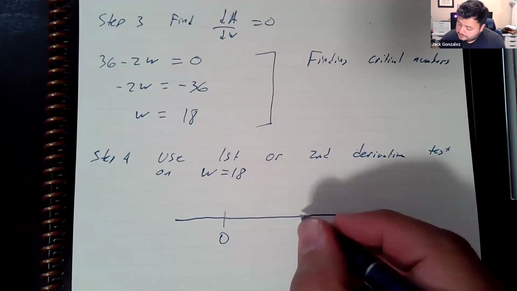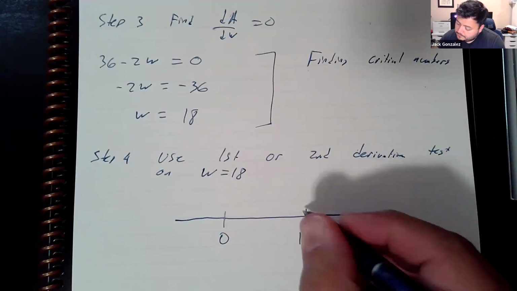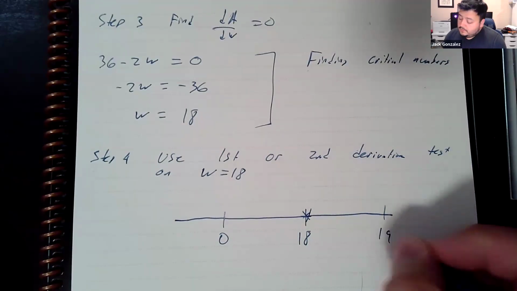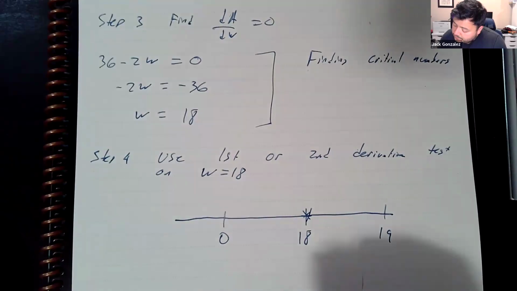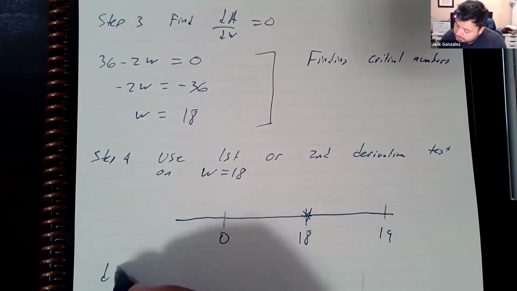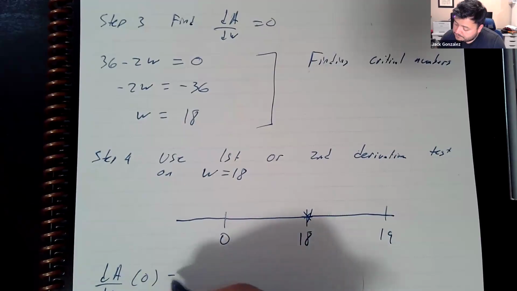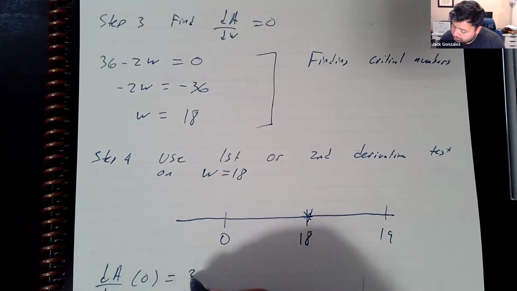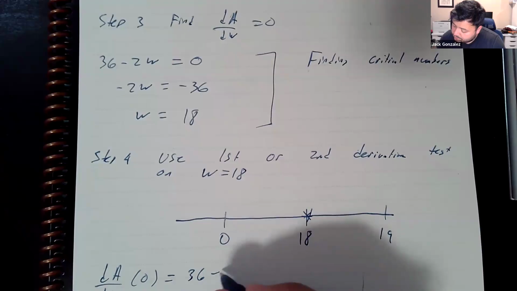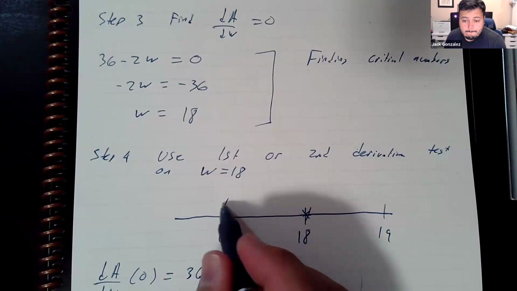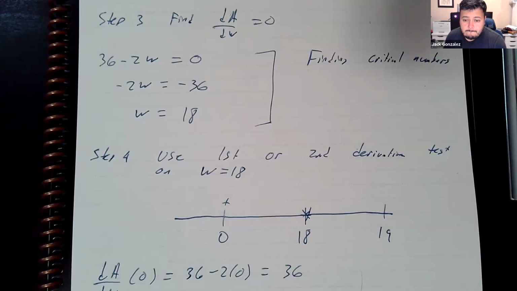Here's the critical number. And there's 19, I guess. So plug into the derivative, plug in 0. That's gonna be 36 minus 2 times 0, which is positive. Right? Right.